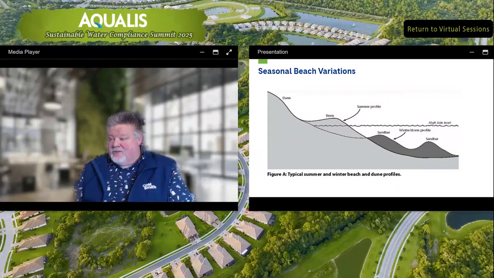What some communities will actually do during the winter is bring out bulldozers and push the berm up in towards the dune. That way, instead of the sand being moved offshore into the sandbars, it's staying in the beach area. The thought process of those communities is that they're mitigating the rate of erosion that could potentially happen in the early parts of spring, because the sand is closer to the beach, which is where they want it to be, a wide natural beach feature to reduce the wave energies.